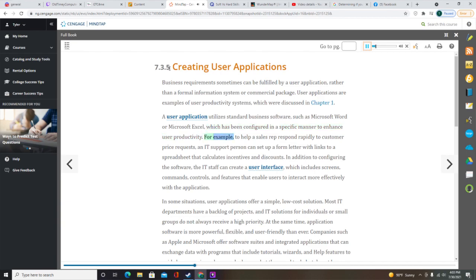For example, to help a sales rep respond rapidly to customer price requests, an IT support person can set up a form letter with links to a spreadsheet that calculates incentives and discounts. In addition to configuring the software, the IT staff can create a user interface, which includes screens, commands, controls, and features that enable users to interact more effectively with the application.